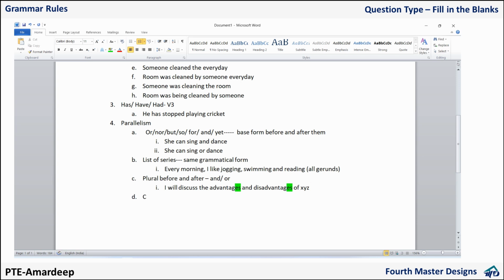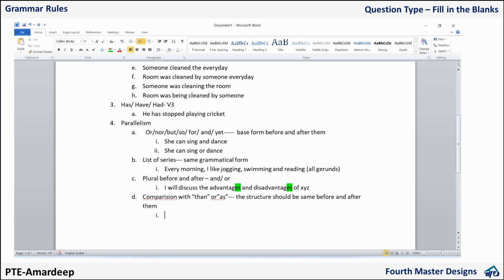Now comparison with than or with as. In case of this one, again, the structure should be the same before and after them.